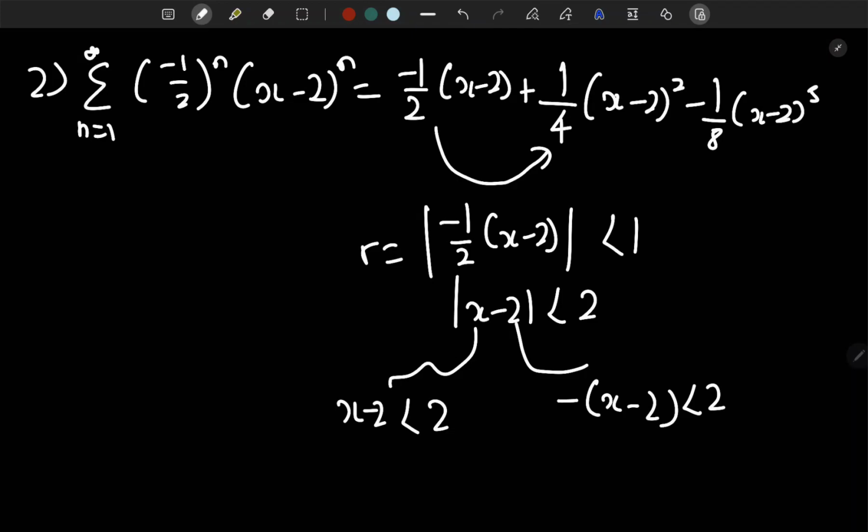If this absolute value is not clear for you, let's take another example. Let's say the absolute value of x is less than 1. What could the two possible intervals for x be here? It could be x is less than 1, or it could be that x here is more than -1, right?